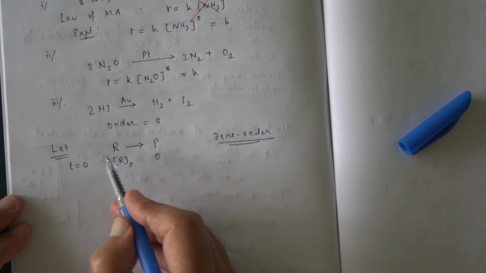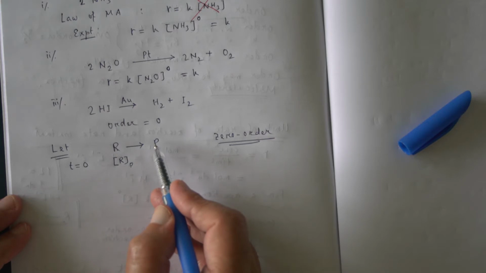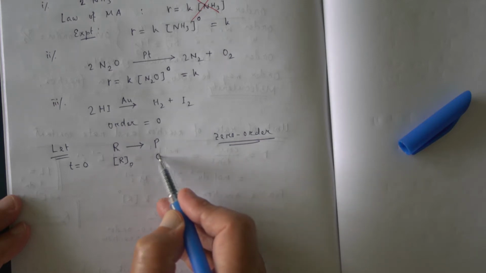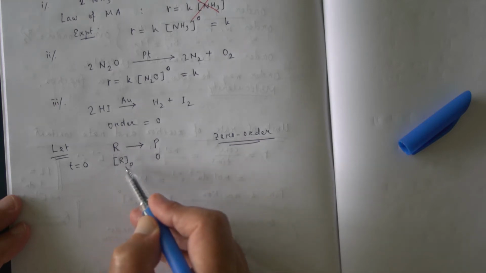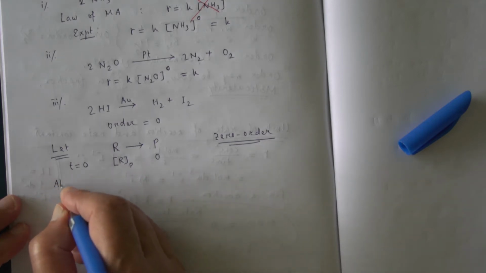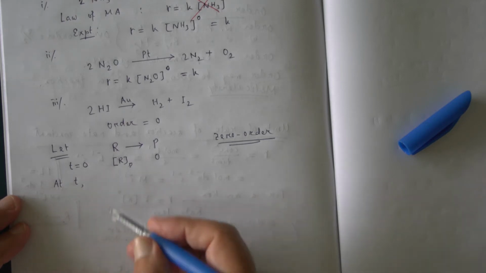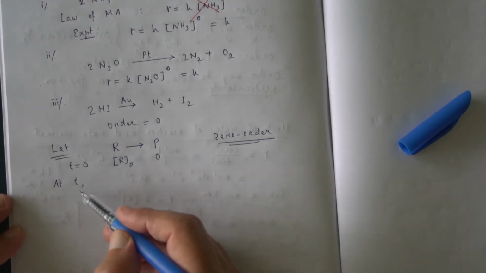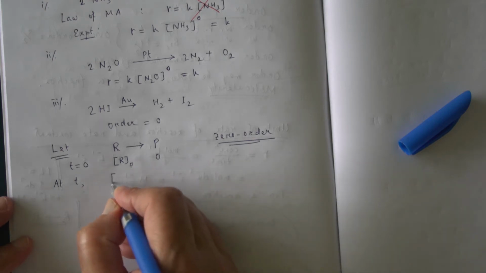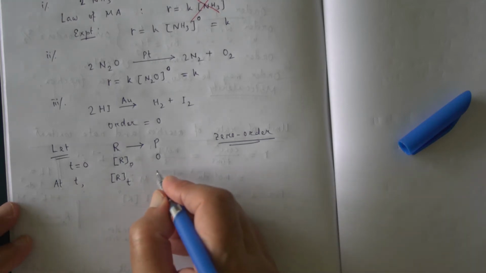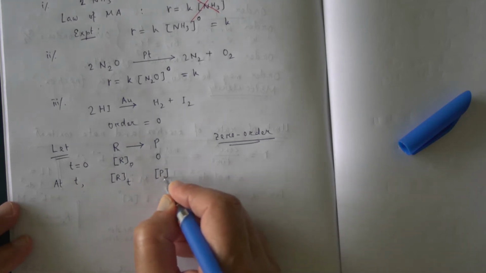The reaction has just started, product has not been formed, so zero. Now at time t, say concentration of reactant is Rt and concentration of product is Pt.